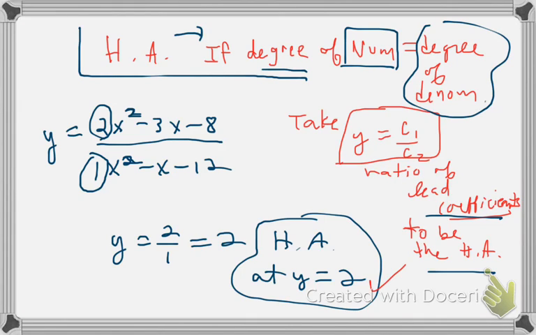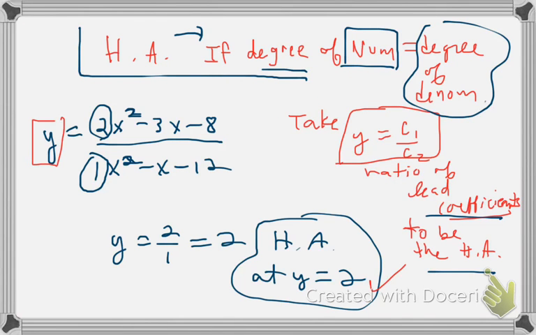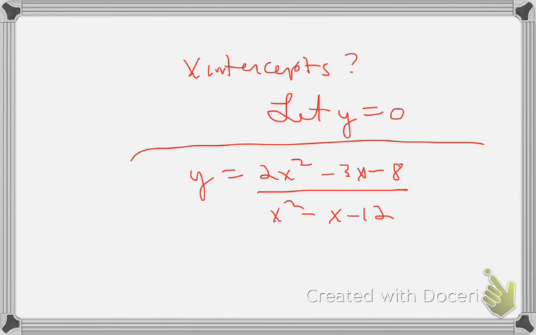And last but not least is the x-intercept. So now we target the x-intercepts. And the recipe for that is to let y equal 0. So if I let this equal 0, then it becomes pretty straightforward to solve. You'd have 2x squared minus 3x minus 8 all over x squared minus x minus 12, equals 0.